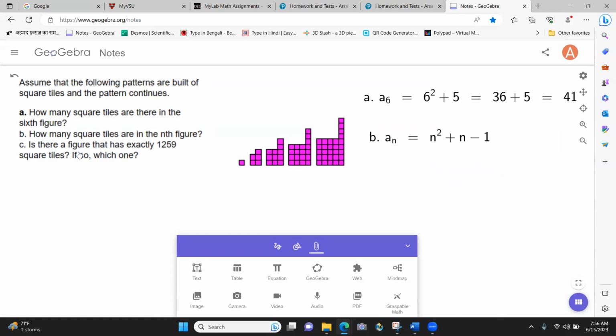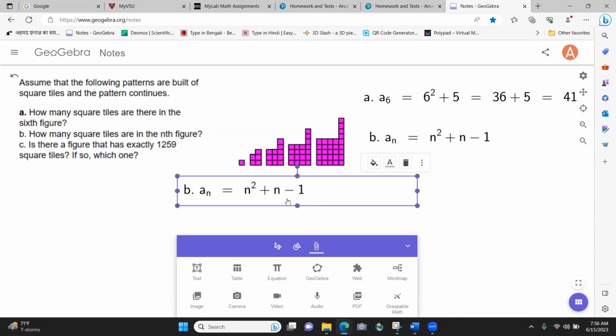Now, how do we work on the last part? Is there a figure that has exactly 1259 square tiles? That's a good one. I'm going to say maybe there is one. So I'm going to set this up as an equation.